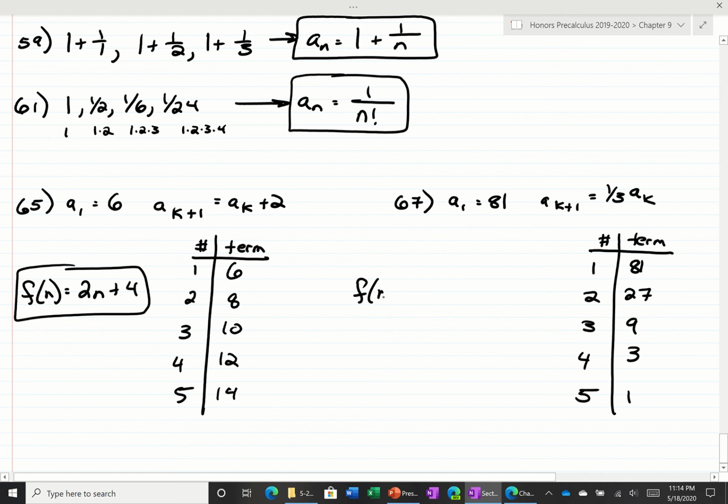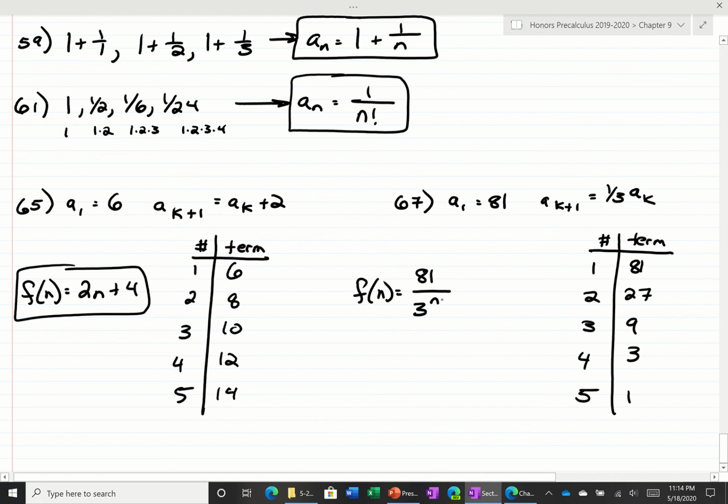So to get our function rule for this, looks like we're dividing by 3, but if we're starting with 81, we're dividing by 3 to whatever power that is. We're dividing by powers of 3, right? So 3 to the first, but what do we have to start with? 81 divided by 3 wouldn't work.